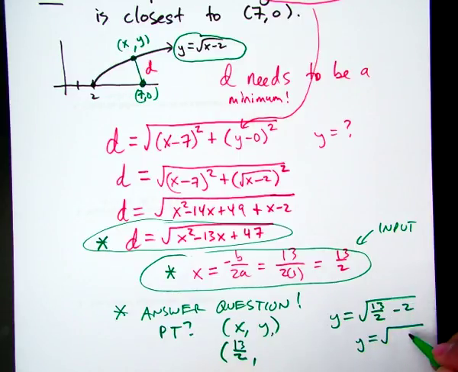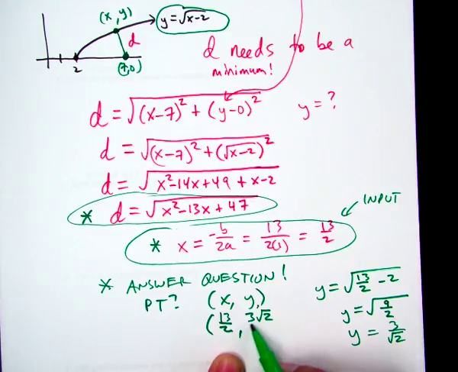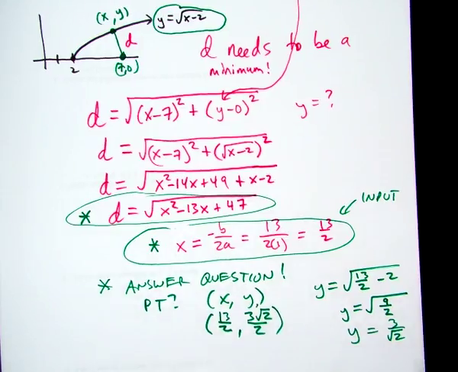So that's the square root of 9 over 2. Do we know the square root of 9? And then, of course, because we want to make things rationalized, multiply, and then you get 3 root 2 over 2. This is our answer.